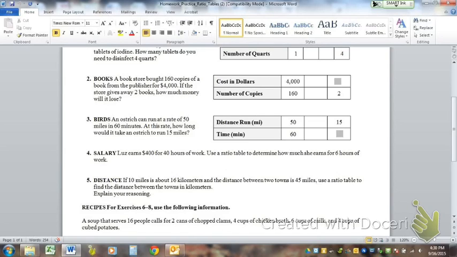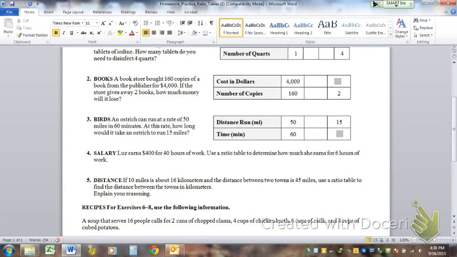That would be 10. And 50 divided by 10 is 5. And 60 divided by 10 is 6. Now I can change 5 into 15 by multiplying it by 3. And 6 times 3 is 18. So it would take an ostrich 18 minutes to run 15 miles.